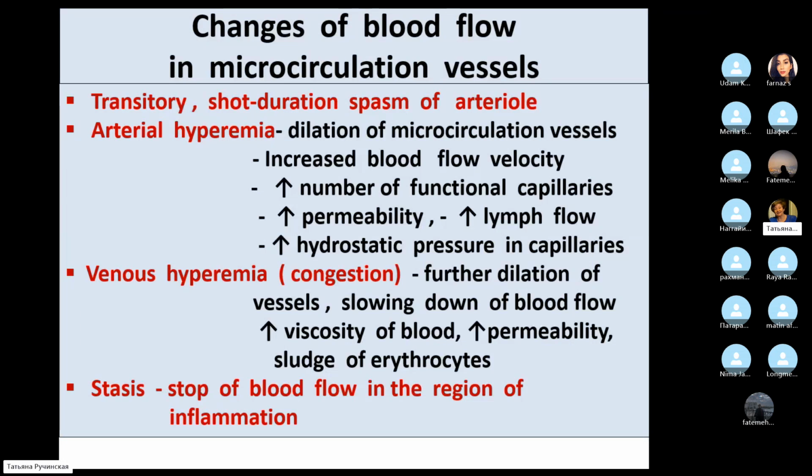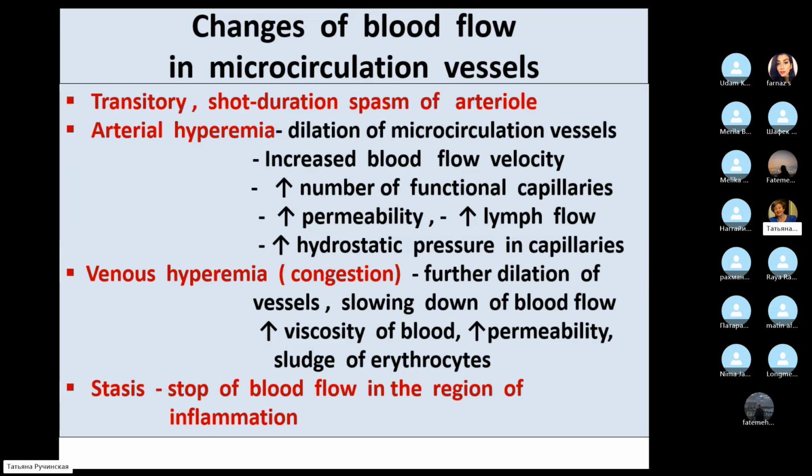But pay attention, there will be increased lymph flow, and that is why, although there is increased permeability, meaning some fluid comes from the vessel into interstitial space, as there is increased lymph flow, all this fluid is gathered from the interstitial space and returns back into venous vessels.